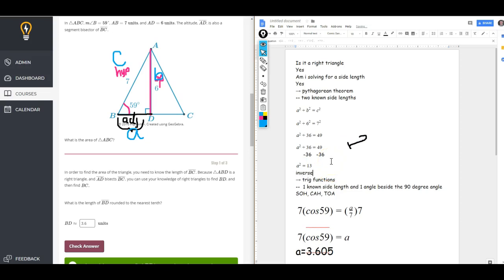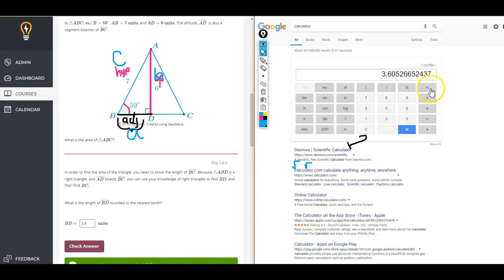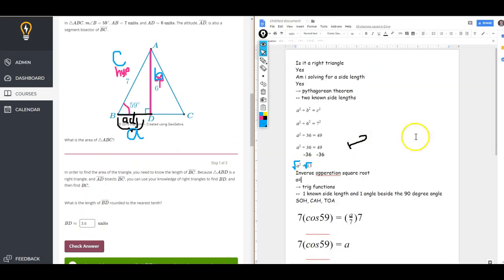You use the inverse operation, which is square root. So we would square root both sides, and the square root of A squared leaves us with A, and then we would have the square root of 13. That equals 3.605. So either way, you end up with the same side length.